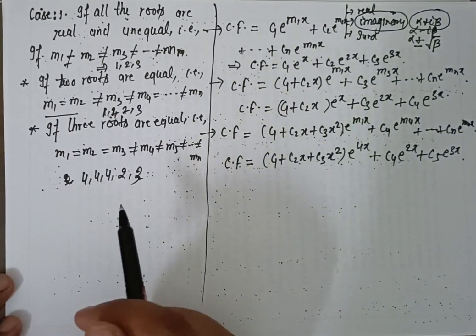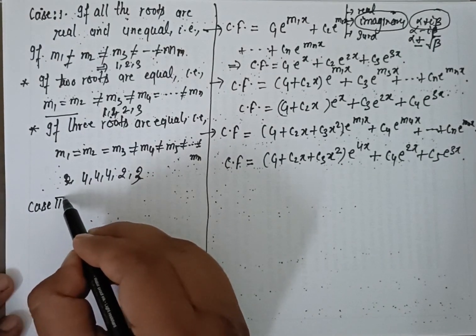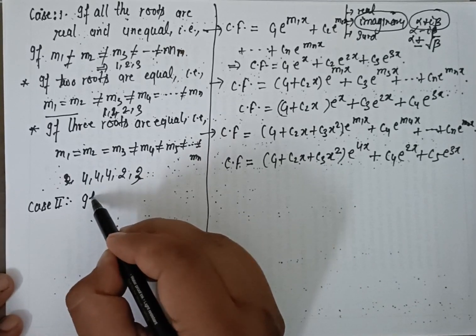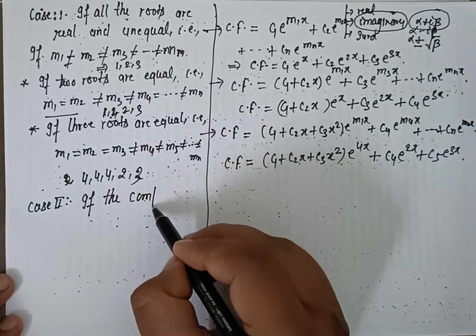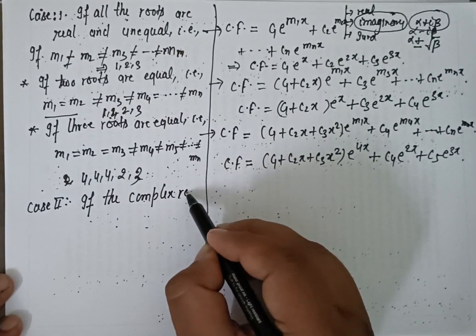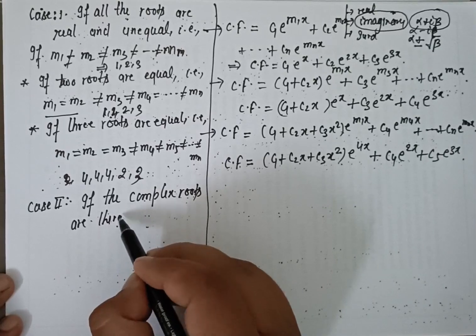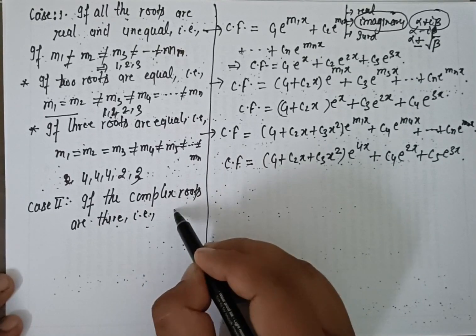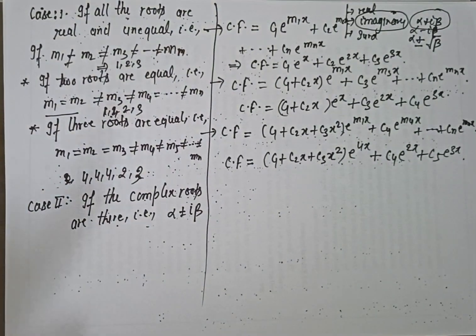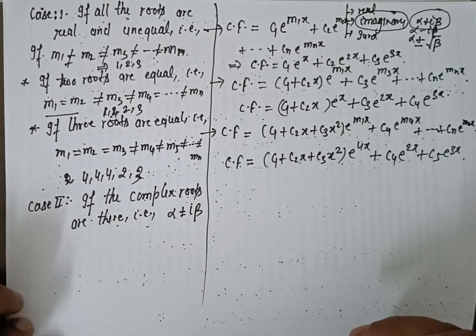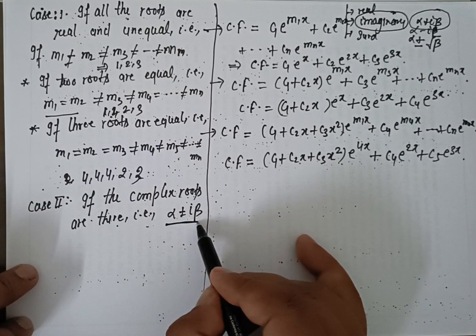Okay, so what about case 2? In case 2, if complex roots are there, that means we have alpha plus minus i beta. Since complex roots always come in conjugate pairs, we will always have two roots here for the auxiliary equation.